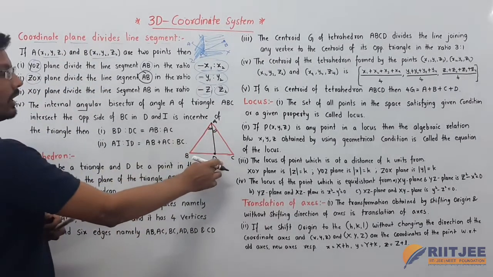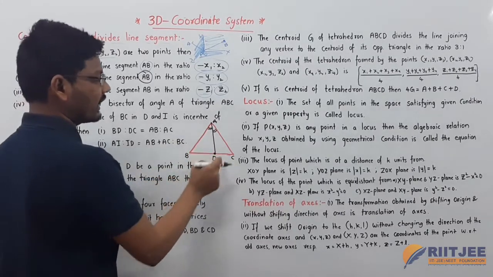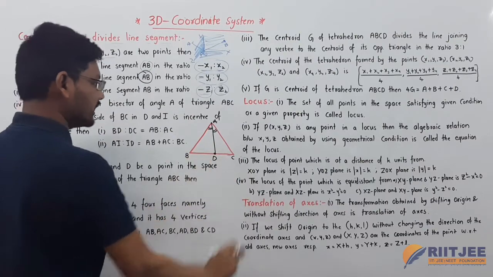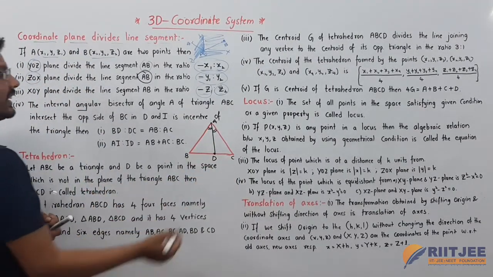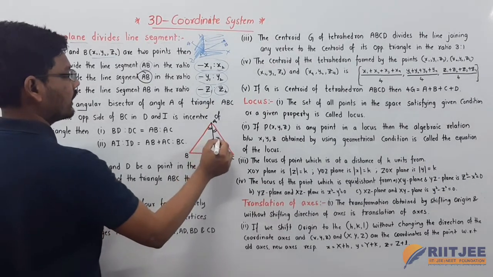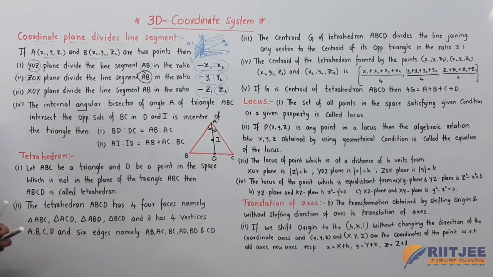It intersects the opposite side BC at the point D, and I is the incenter of this triangle.